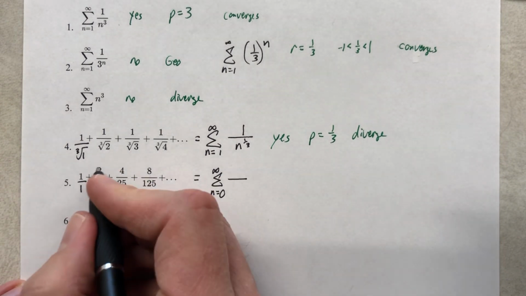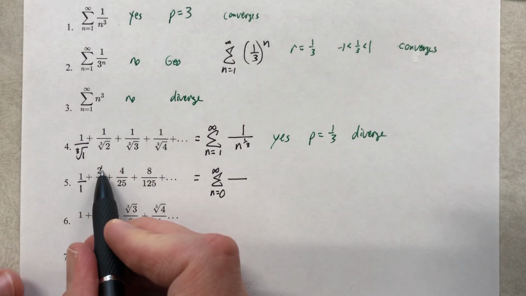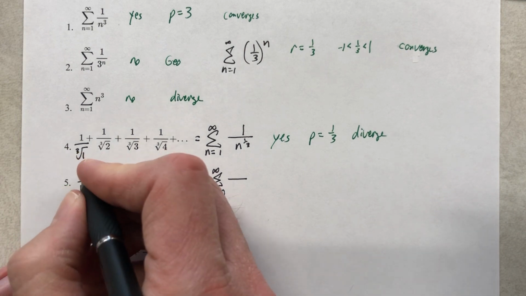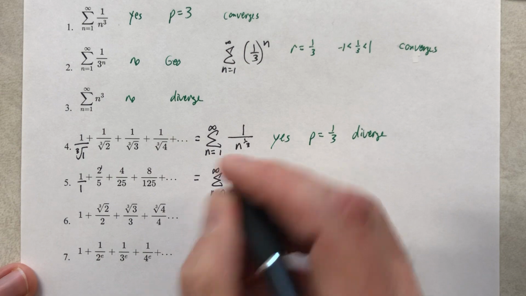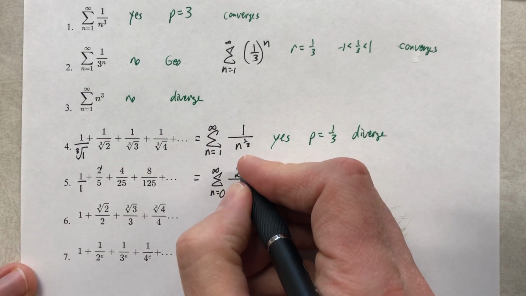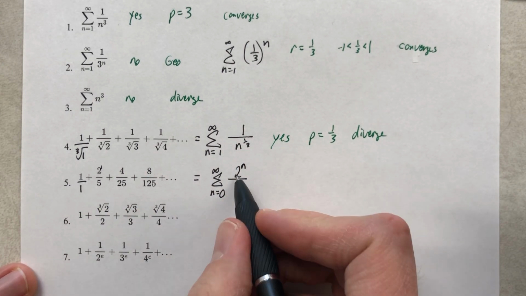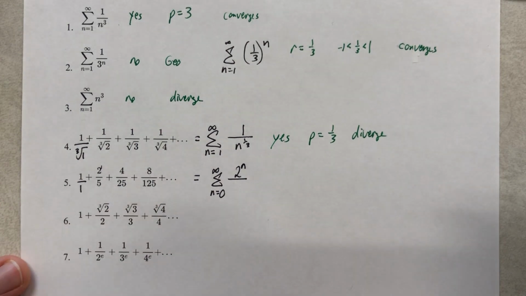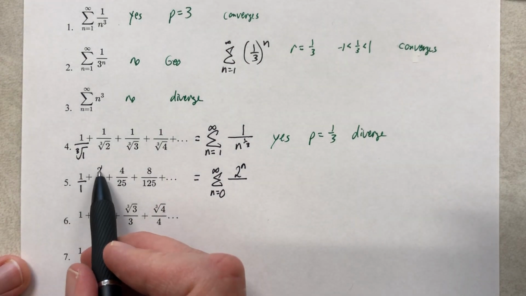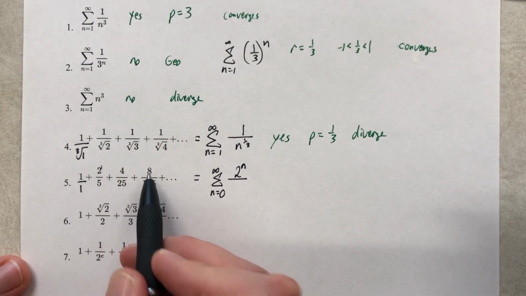Okay, so 2 to the 1 is technically the second term, so this must be the 0th term. This must be, first term, 2 to the 0 power, so 2 to the n power, 2 to the 0 in this case would give me 1. So I have 2 to the 0, 2 to the 1, 2 to the 2, 2 to the 3. So we're starting with 0.